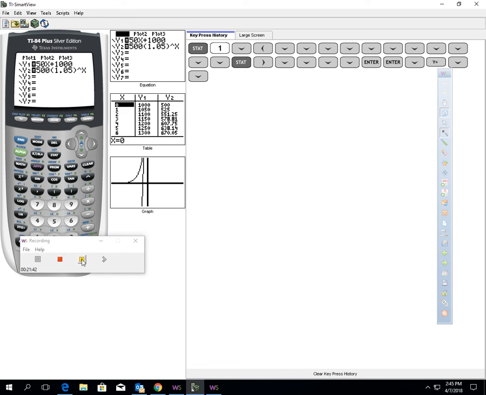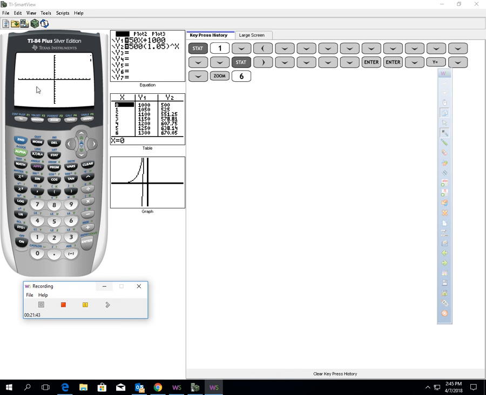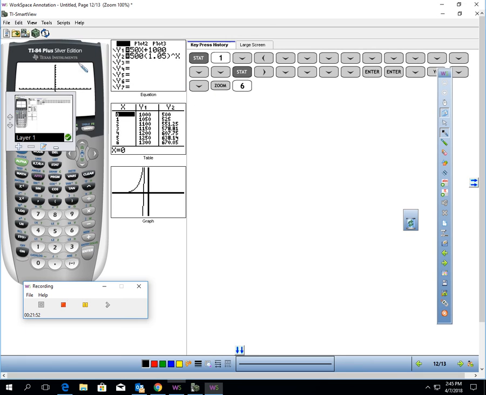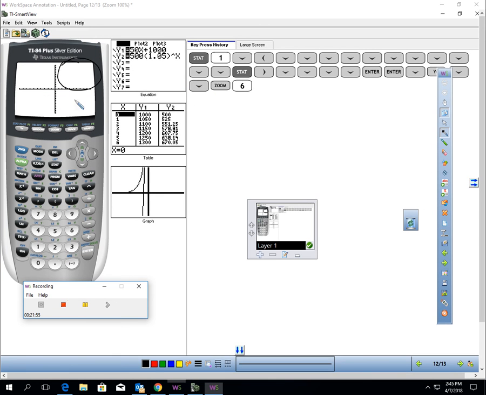Now, your graph is normally set like this, where we have all four quadrants. And right now, we don't need all four quadrants. We only need this quadrant. We need the first quadrant. So I'm going to set my calculator so that it's only in the first quadrant. And I'm going to pick pretty big numbers because we do have pretty big numbers here, okay?